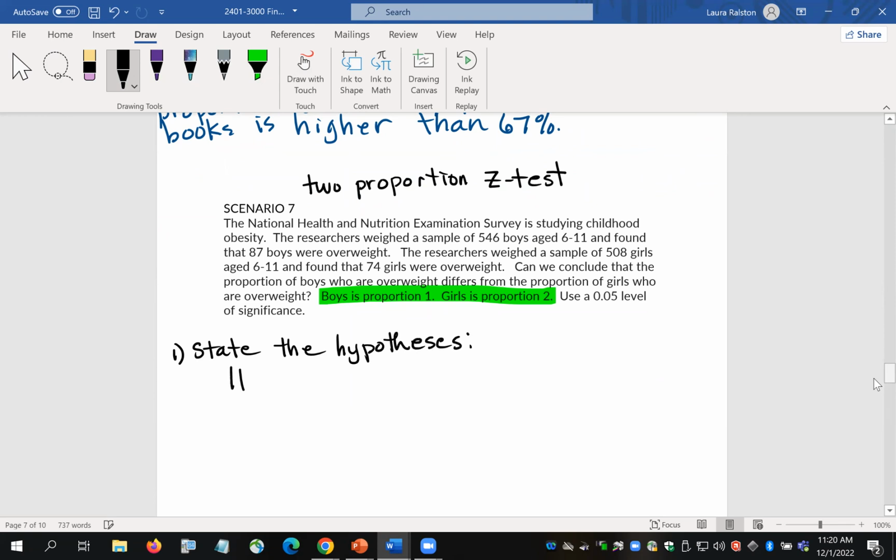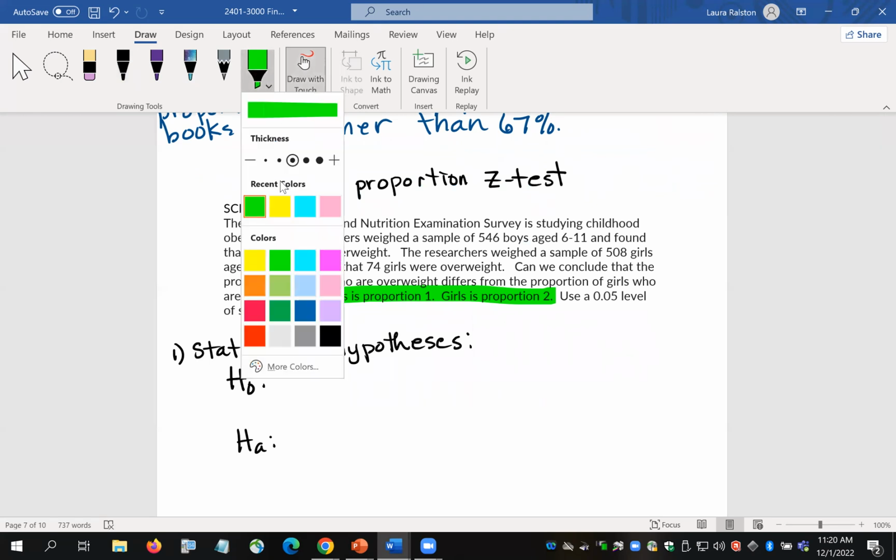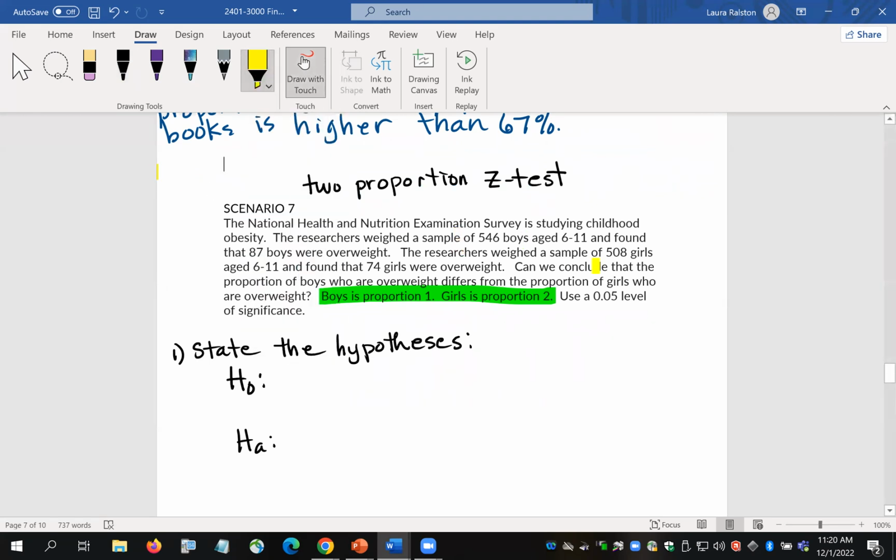So we have our null and we have our alternative. And if I look in this problem towards the end, we find our hypothesis. Can we conclude the proportion of boys who are overweight differs from the proportion of girls who are overweight?